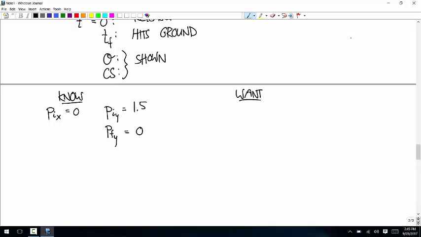Do we know anything about the velocity at time 0? We can get that from the speed and the angle. These come from 40 times the cosine of 25 and 40 times the sine of 25. Can someone calculate that? I have different numbers in my notes.